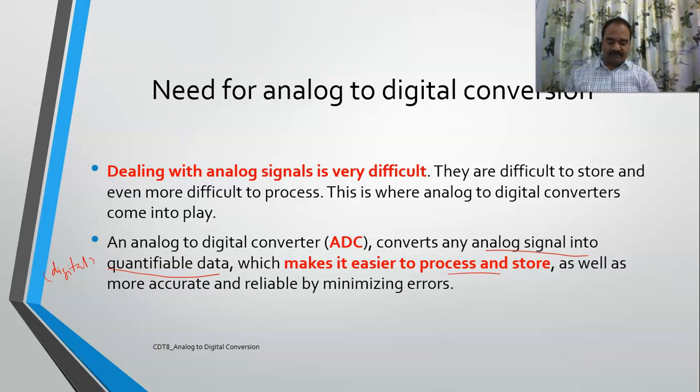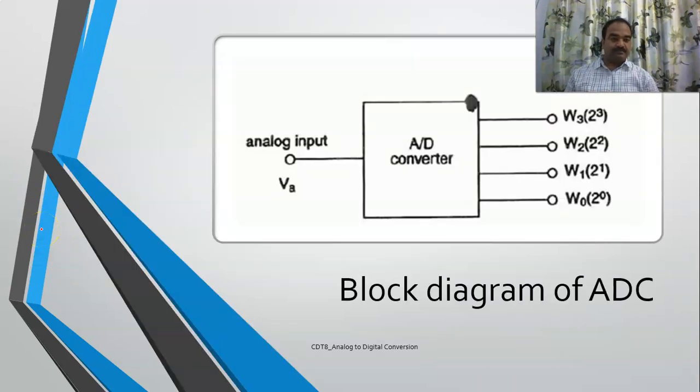Your digital data will be mostly in terms of 0 or 1. So this is the representation of an analog to digital converter, where you take an analog input and convert it into a digital output. How many bits there will be in the digital data depends upon the size of your analog inputs.